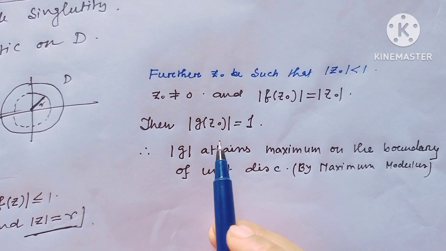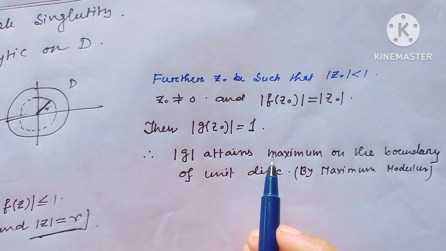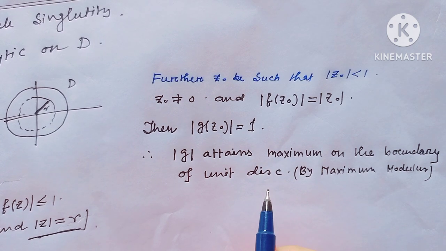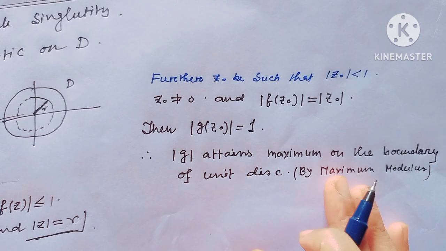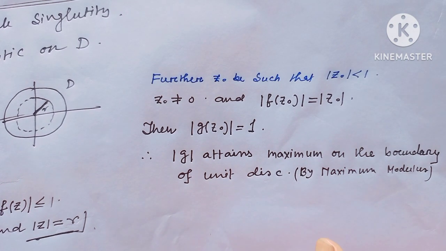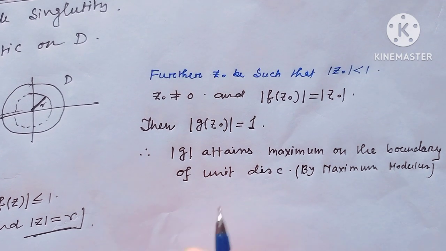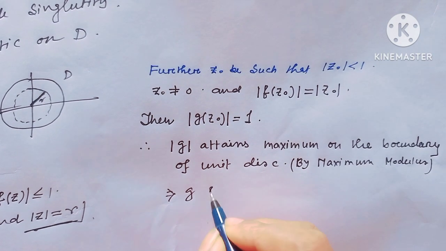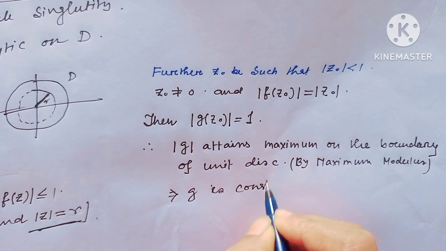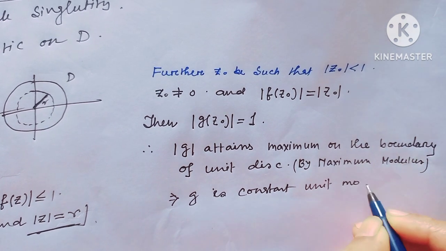But here I have got modulus of Gz0 equal to 1, an interior point. So by the maximum principle, since the maximum value is attained on the boundary when the function is non-constant, that implies G is constant by the maximum modulus principle, with modulus 1.